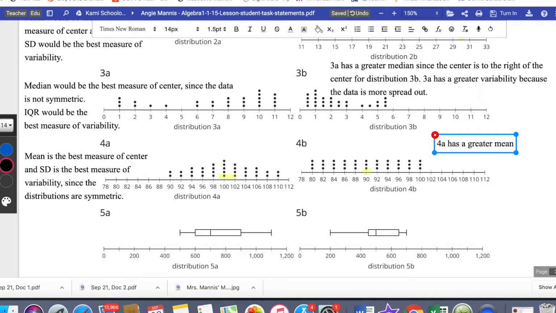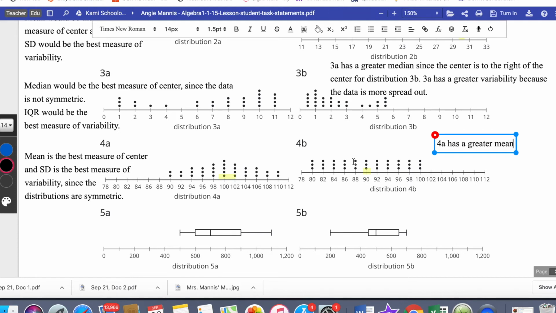Now what about the variability? Which one has a greater standard deviation? Well, for A, we can see most of the data is clustered in the middle, and then it starts spreading out to the sides. But for B, it's all even. So we don't have a bigger cluster of data in the center, so therefore 4B is going to be considered more spread out.